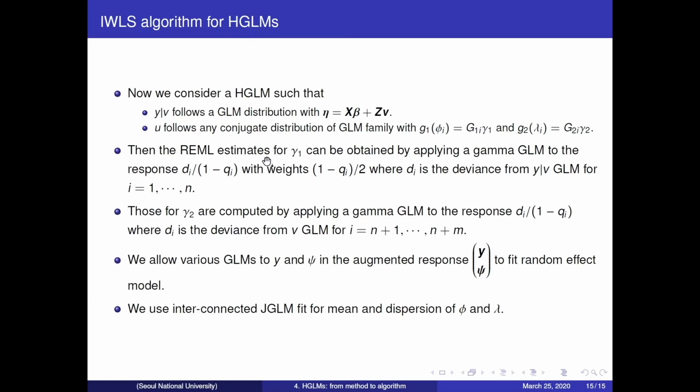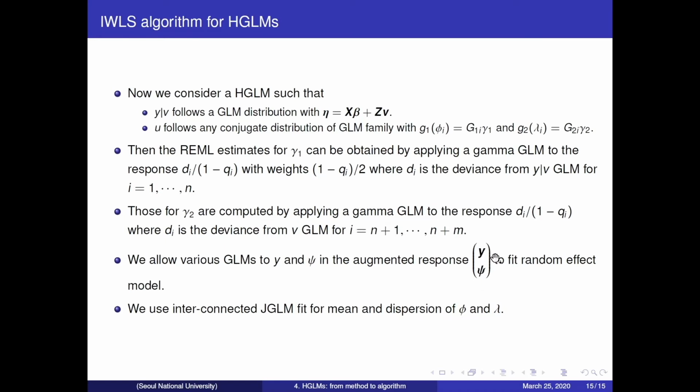Then, the REML estimates for gamma 1 can be obtained by applying a gamma GLM to the response d_i divided by 1 minus k_i, with the weight (1 minus k_i) divided by 2, where d here is the deviance for y conditional on v, for i equals 1 until n. Those for gamma 2 are computed by applying a gamma GLM to the response d_i divided by 1 minus k_i, where d here is the deviance for v, for i equals n plus 1 until n plus m.